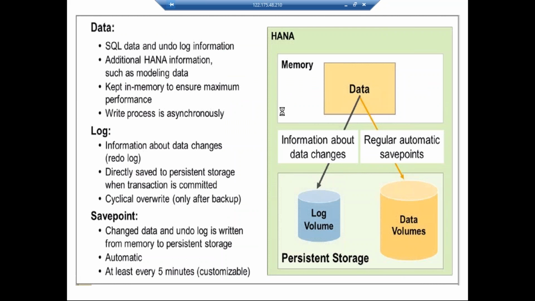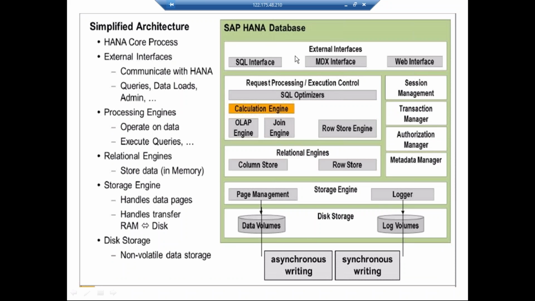Okay, see here we have something called external interfaces, and then we have request processing and execution control, as well as storage and processing in the memory. And there is one more area here called disk storage, which we also call persistent storage. So we can separate this architecture into three areas.